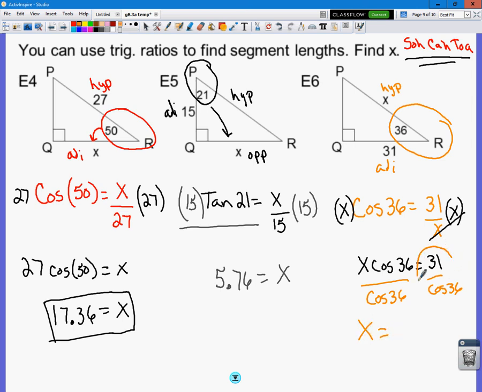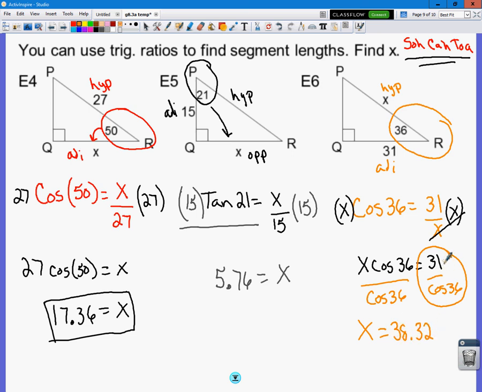This key's kind of funny in the calculator. On this one, you're going to put in 31, divide, 36 cosine, and then hit equals. 38.32. 31 and 3.